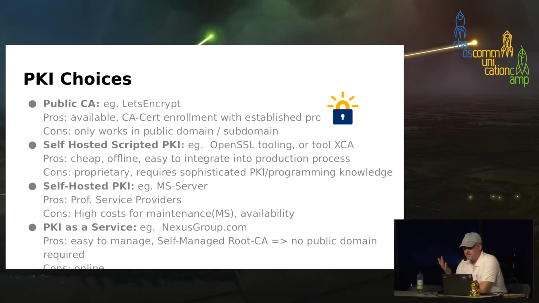So for all these features and tasks, we need some kind of credentials, PKI credentials. And so there are multiple choices you could make to establish a CA or a PKI infrastructure in your company.